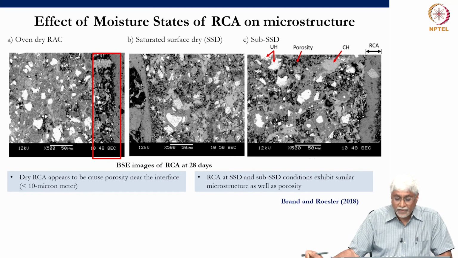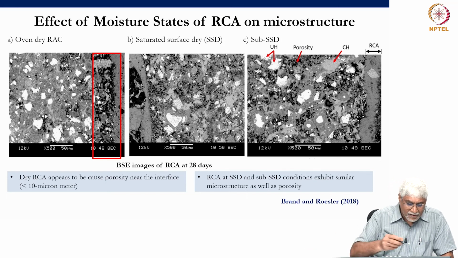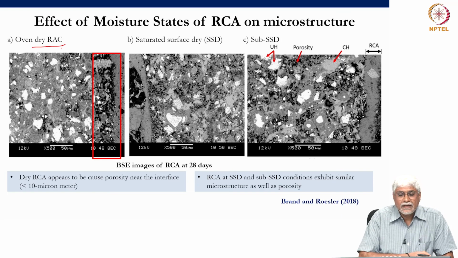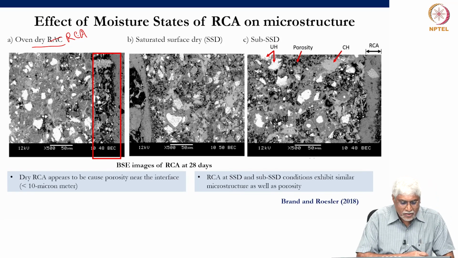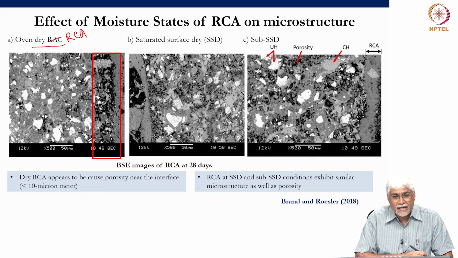And this we see again further in these scanning electron microscope images, where we have recycled aggregate concrete made with dry RCA. So it's better to say RCA, recycled concrete aggregate, made dry or dried and put into concrete.